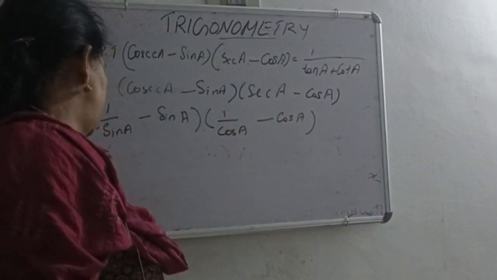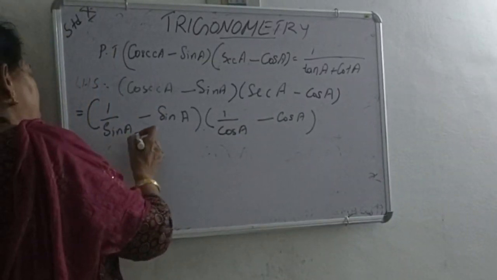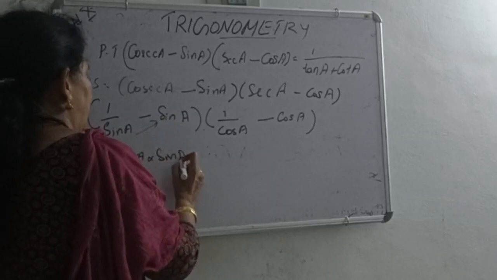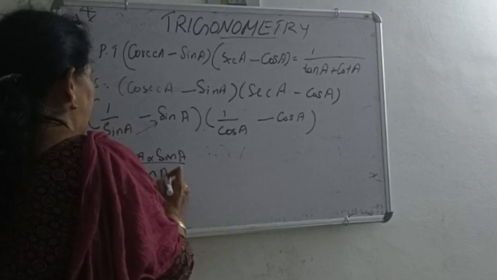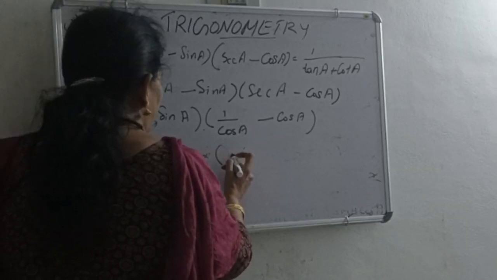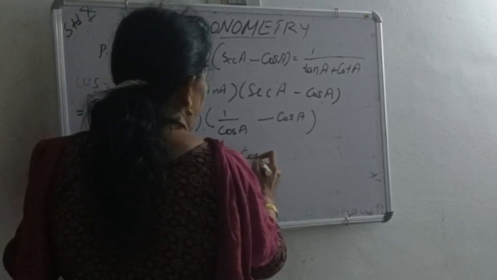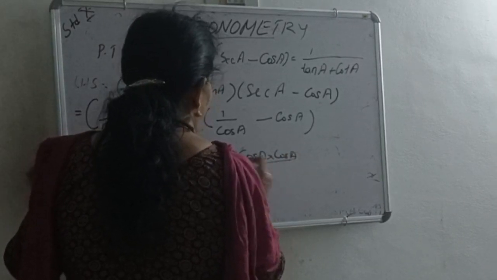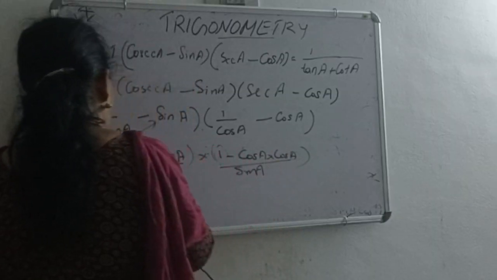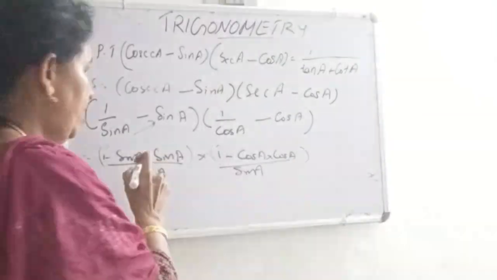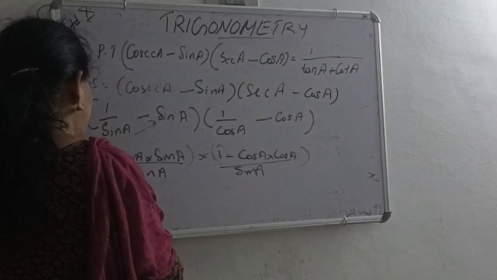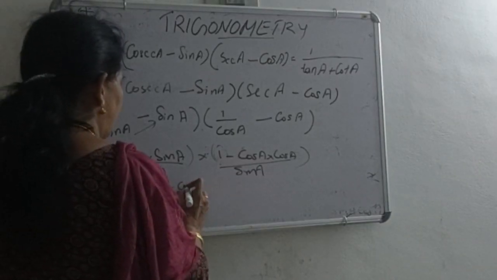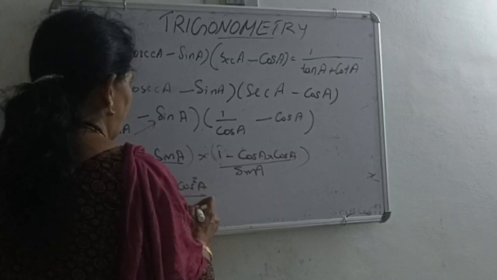Then cross multiply like this: 1 minus sin A into sin A by sin A, into 1 minus cos A into cos A by cos A. Then 1 minus sin square A by sin A, into 1 minus cos square A by cos A.